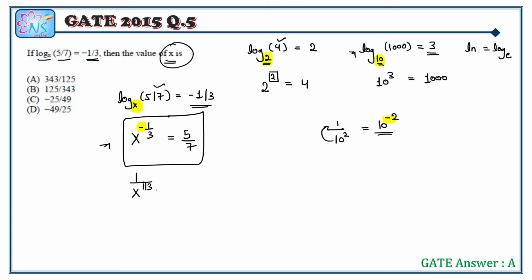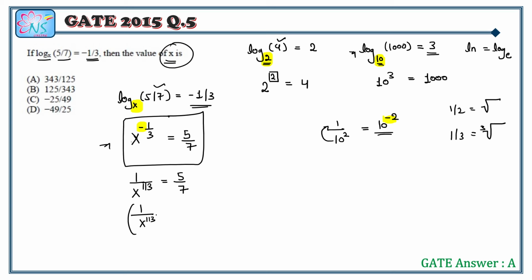Okay, so now it becomes positive: 1 by x, power 1 by 3, is equal to 5 by 7. Like 1 by 2 means square root, 1 by 3 means cube root. So 1 by x to the power 1 by 3 is the cube root.